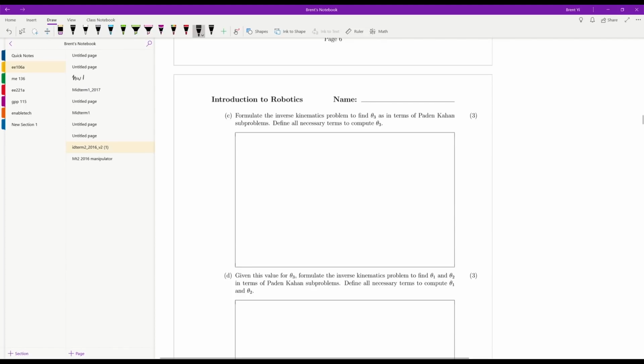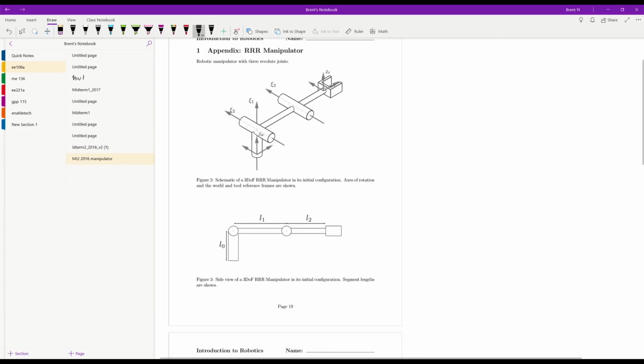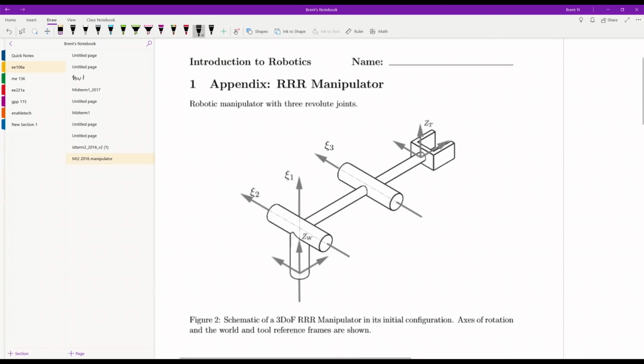So part C asks us to find theta 3 using a PK subproblem. And we want to find all the necessary terms to compute theta 3. Okay, so let's look at the manipulator again. Theta 3 corresponds to joint 3 right here. And one thing we can notice is that joint 3 is the only thing that controls the distance between the end effector and that invariant point P shoulder that we just defined, right?